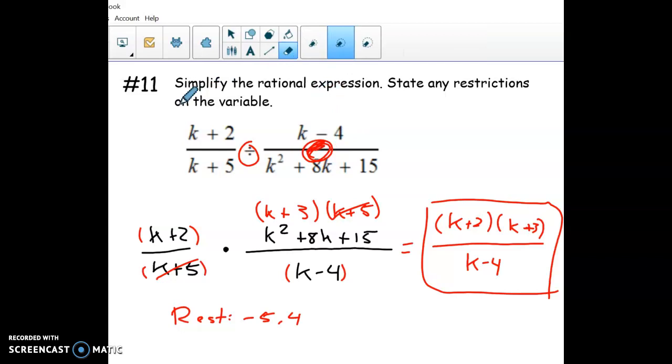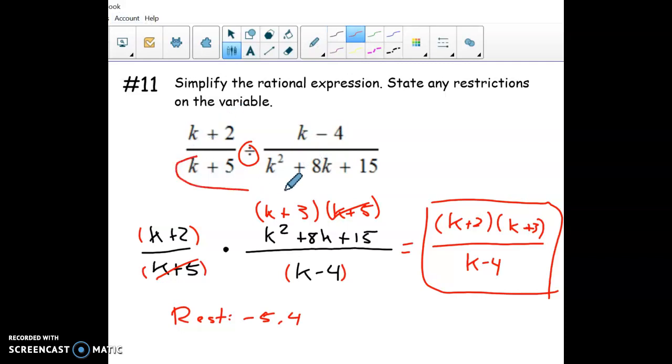So really our restrictions end up being anywhere along the back. So anywhere like in those 3 parts can be restrictions. So we'd certainly have our negative 5 and 4, but we'd also have negative 3 from this part right here. So anything in these 3 parts will make restrictions. So negative 5, 4, negative 3.